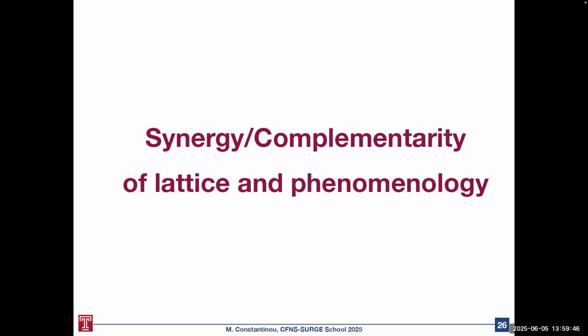Okay, so I already mentioned complementarity, a couple of thoughts before I finish. Lattice is not in one corner, theory in another corner, and experiment in a third corner. We should all work together. That's why these schools are great.